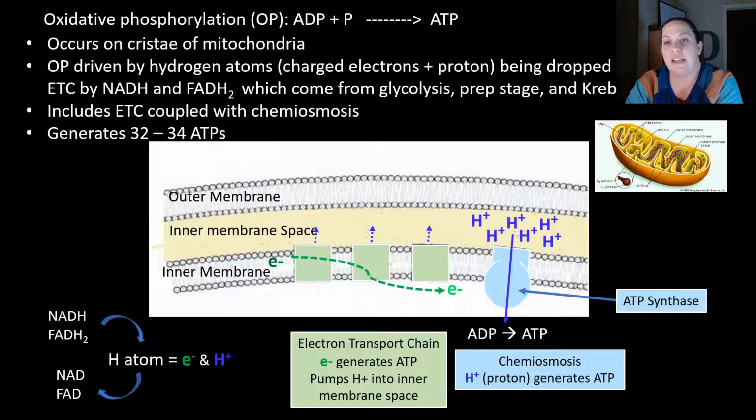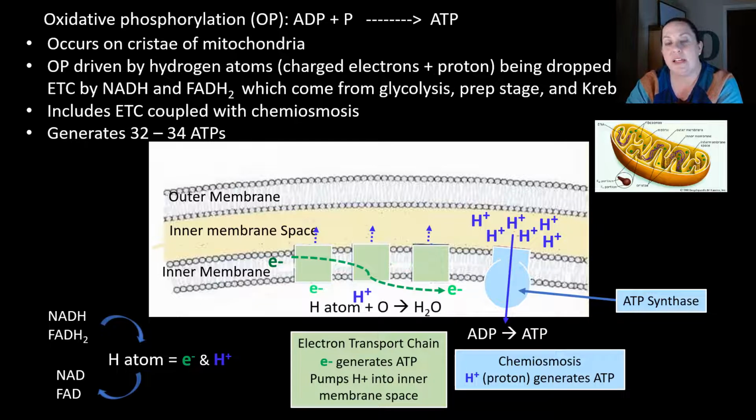These hydrogens then are going to go through an enzyme called ATP synthase. We know it's an enzyme because it ends in ase, and this particular enzyme is going to synthesize ATP. As the hydrogens move through here, this is known as chemiosmosis. This is going to turn this particular enzyme, allowing for ATP to be created.